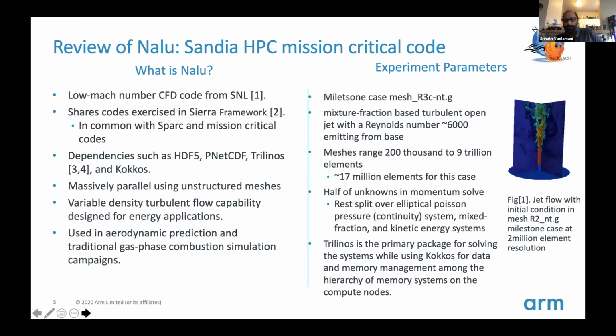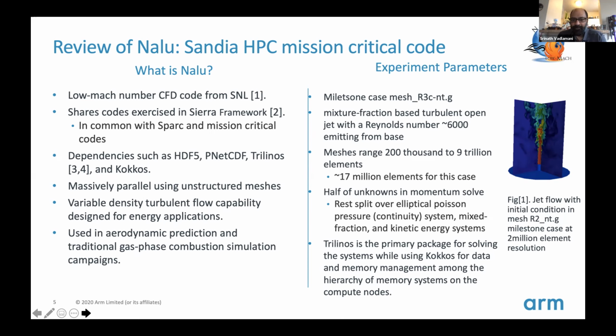On the right column, I have the particularities of this experiment that I'm using. So in a milestone case at the labs, there is what is known as the R3C NT case, which is a 17 million element, finite element resolved case that is the jet flow around a cone that is shown in the right image.